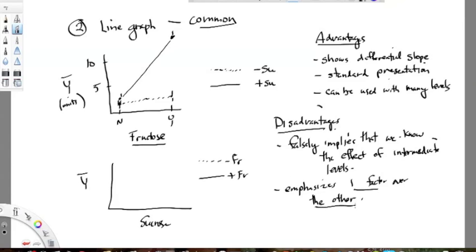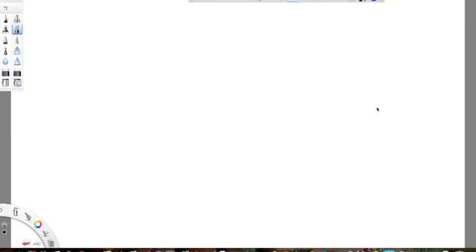And I think that may or may not be a disadvantage depending upon what you actually want to do. Okay, so that's a line graph, quite often used. All right. Also quite often used is a histogram approach.